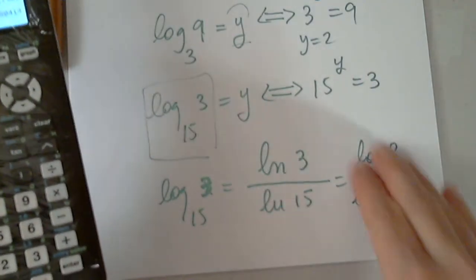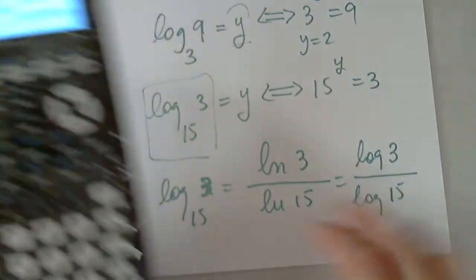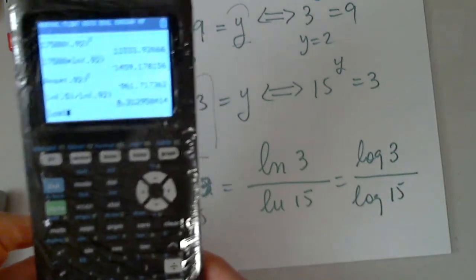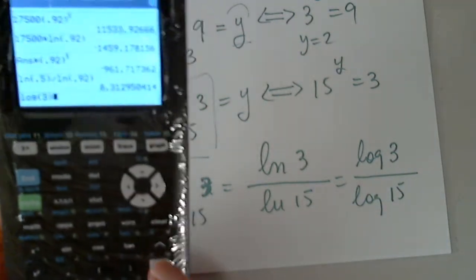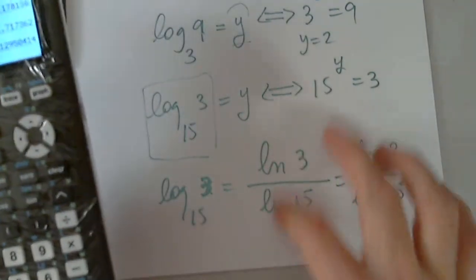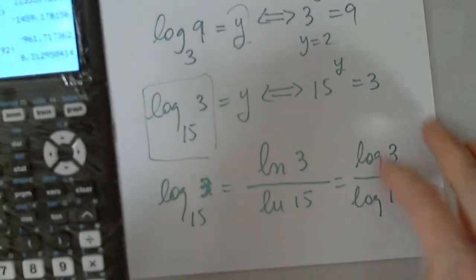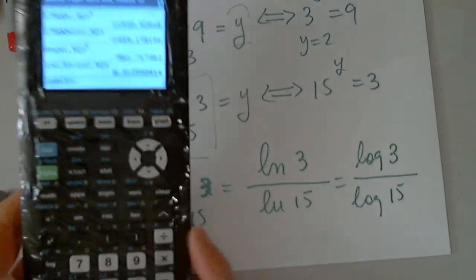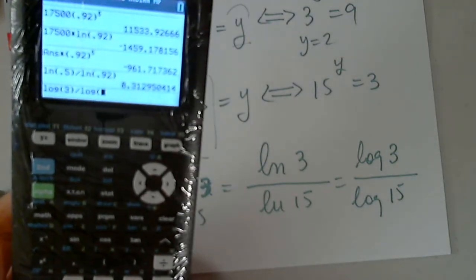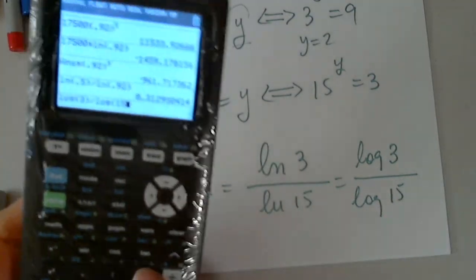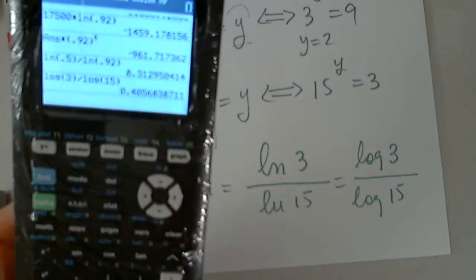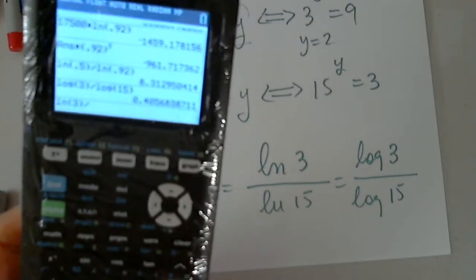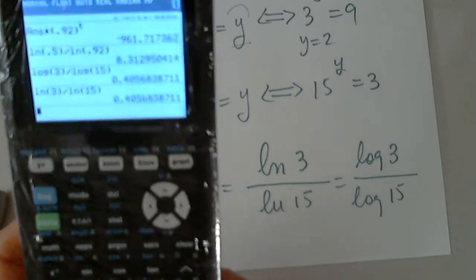This number has to equal this number. So log 3 divided by log 15, do not reverse these, so natural log both or log both. Natural log 3 divided by natural log 15, they have to give us the same answer.